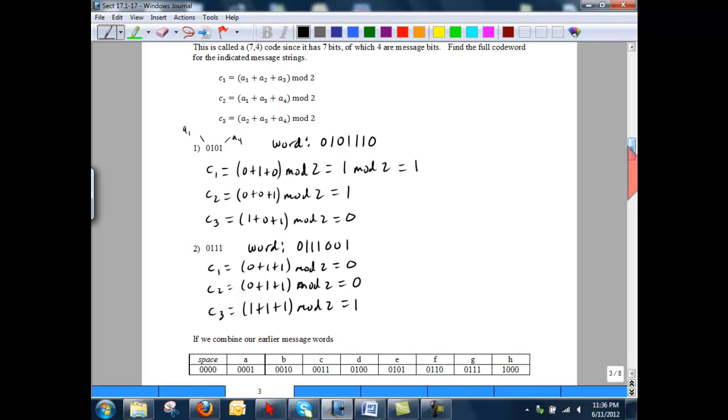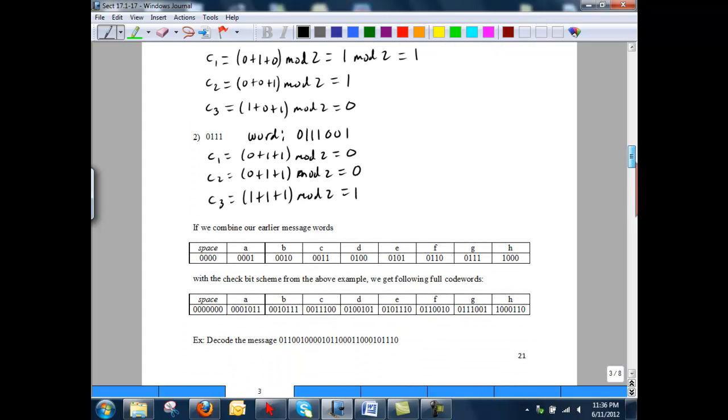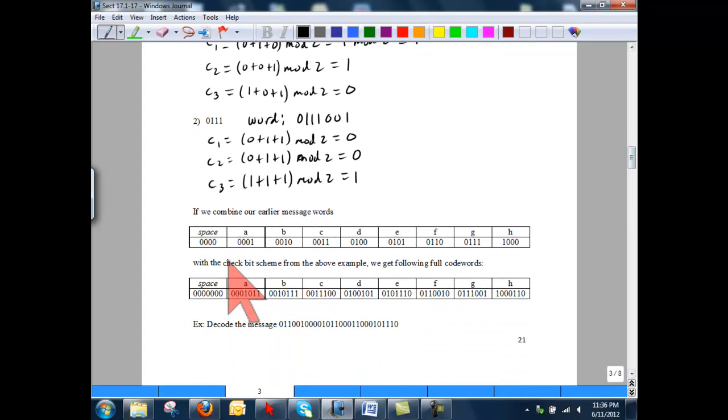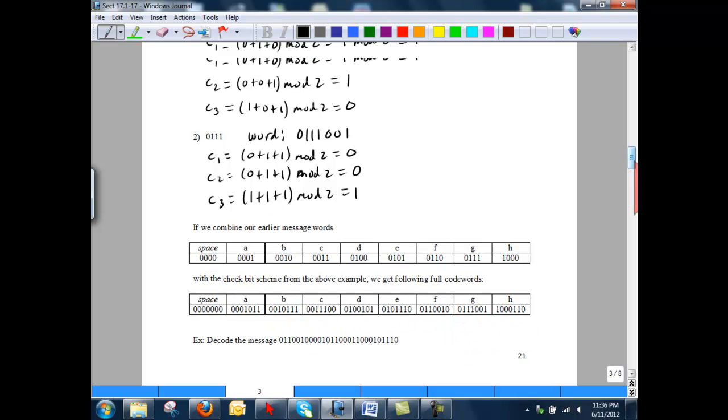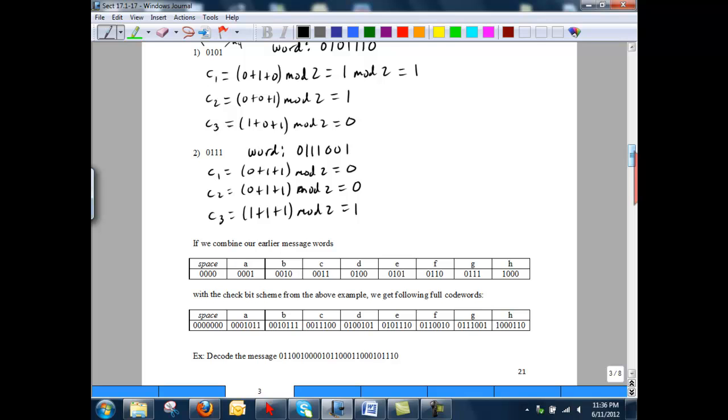Okay, I've just worked a couple of examples here, taking the 4 message bits, coming up with the 3 check bits to add to make the full 7-bit code word. Now, to save time, let me just say, do them all, and here's what you get. So notice that we did, for example, 0101. We did E, the letter E, and came up with 110 as the 3 check bits to add on.